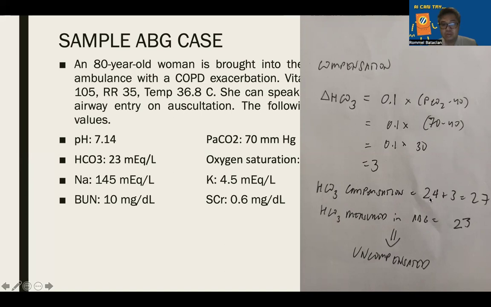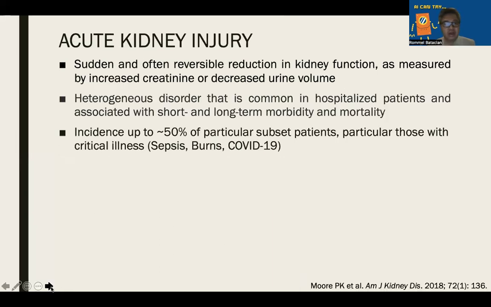So you would expect the compensated value from 24, again the middle value of the range of normal serum bicarb, so 24 plus 3 is 27. However, the actual is 23. So while it's normal, it's not elevated. Therefore, it is an uncompensated respiratory acidosis with moderate hypoxemia. So that's the analysis of that ABG.